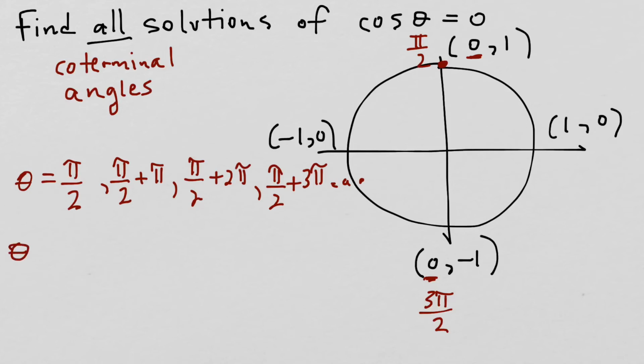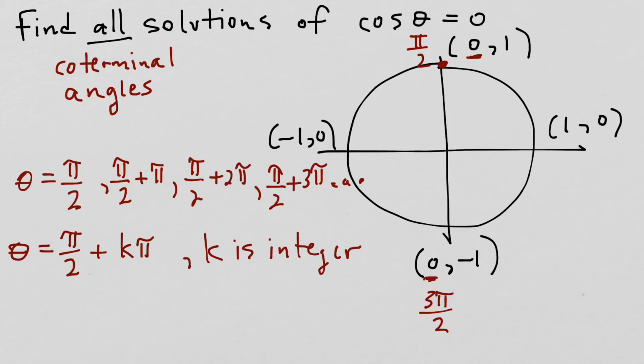I can say theta is equal to my base angle pi over 2 plus all multiples of k pi, where k is any integer. So that's pi over 2 plus 1 pi plus 2 pi plus 3 pi plus 4 pi, and on and on and on forever. So this is the way we would write our solution for that.